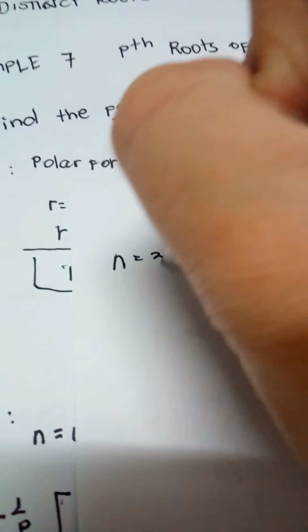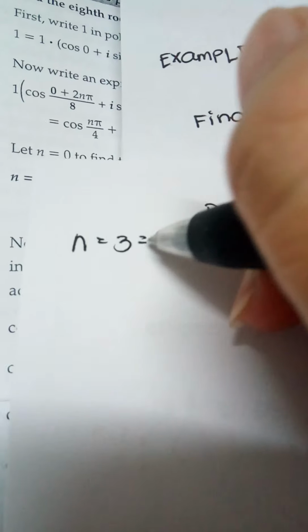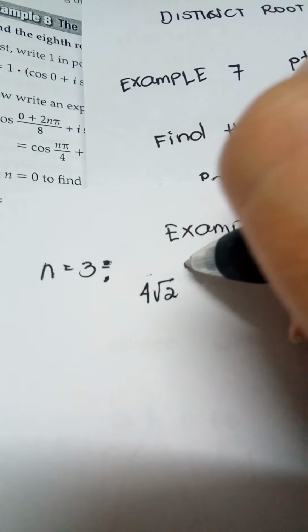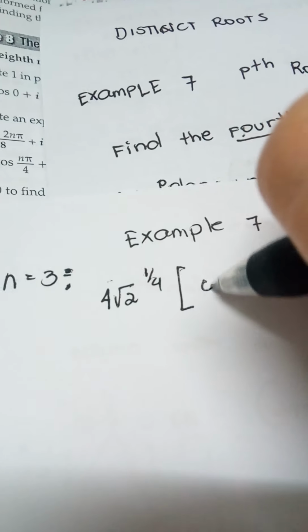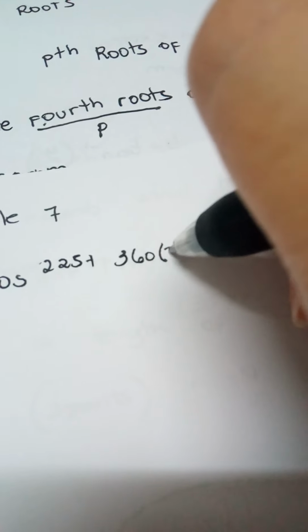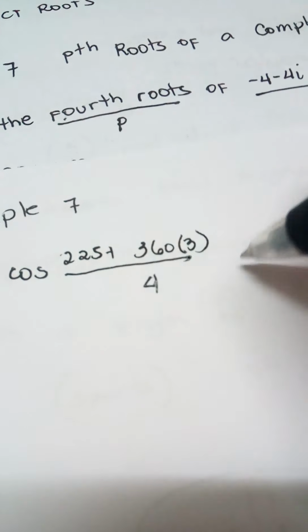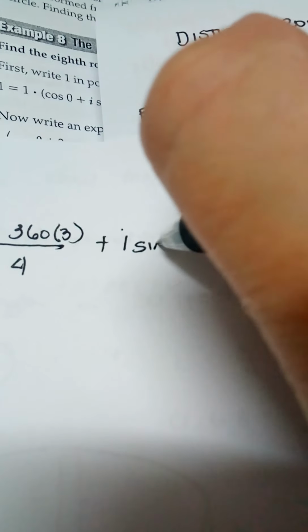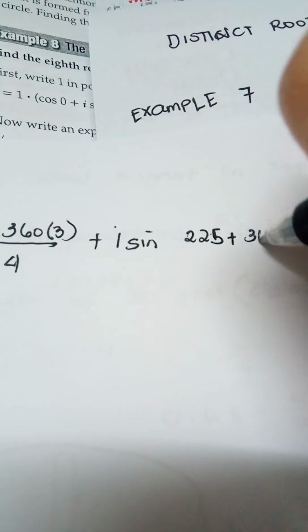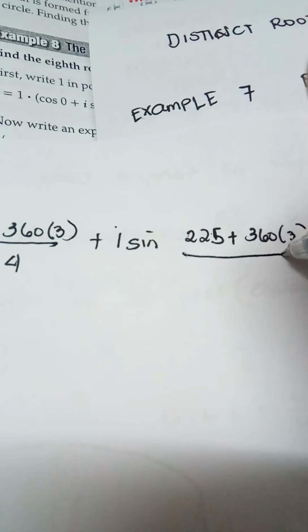So when n is equal to 3, again, let us substitute from the formula. So 4 the square root of 2 to the power of 1/4, parenthesis, cosine of (225 plus 360 times 3) all over 4 plus i sine of (225 plus 360 times 3) all over 4.